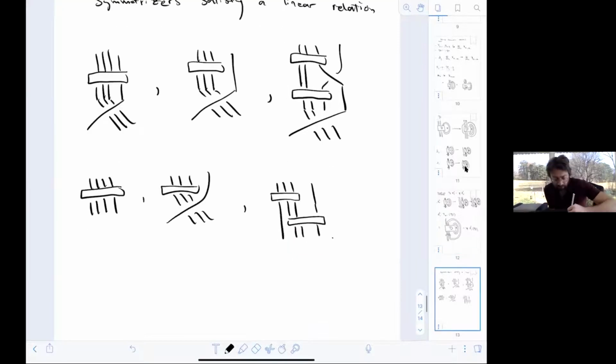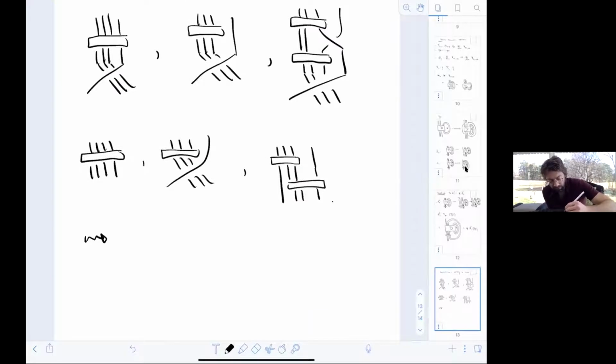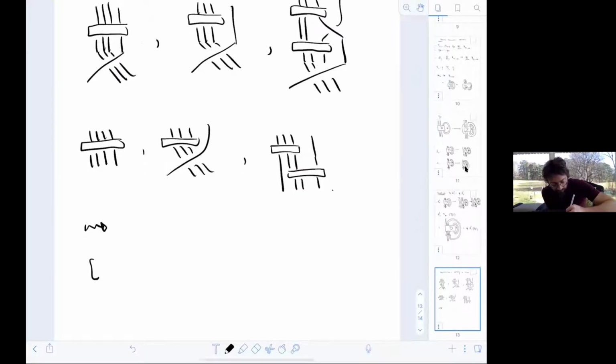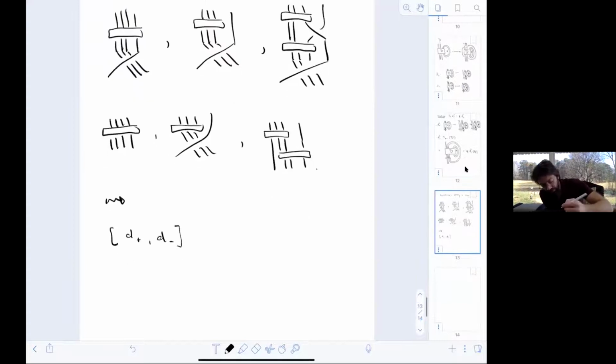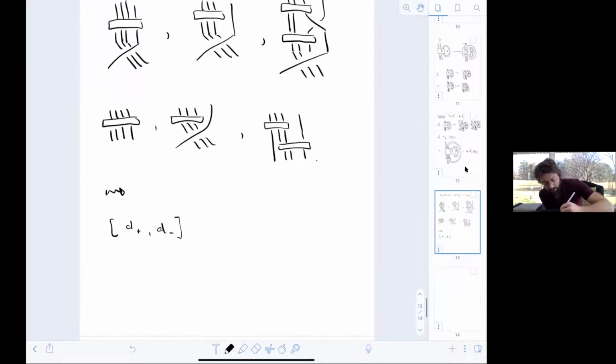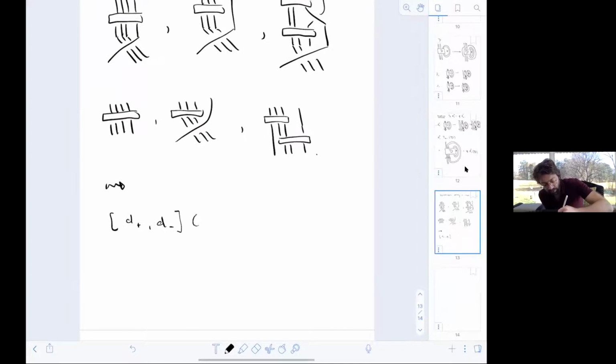Which in the end gives a relation of the following type. So there's a d plus and d minus. Again, up to scalars. What I've written is not literally true, but there's a certain commutation relation between d plus and d minus of the following form.